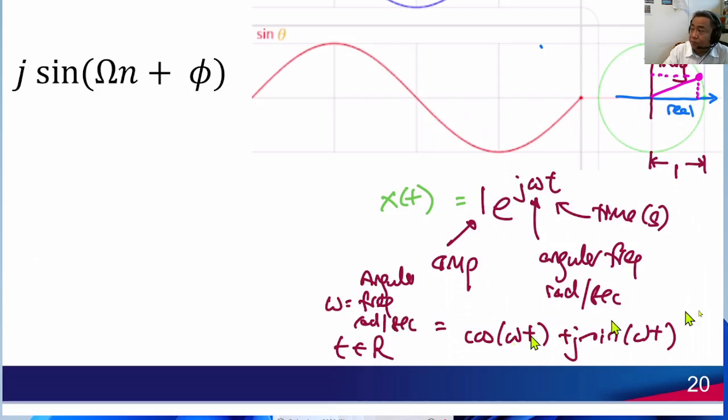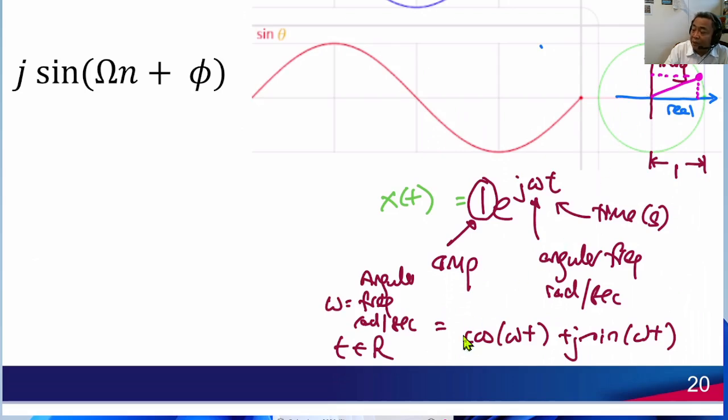Now, what you will realize is that x(t) can be represented as a phasor, and its length is 1 in this particular example. It has a real part and an imaginary part. So we typically use the horizontal axis as the real and the vertical axis as the imaginary.